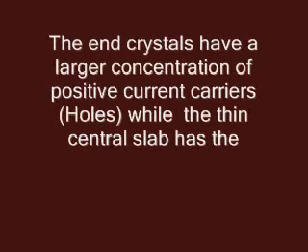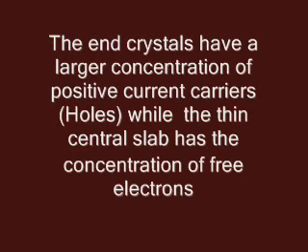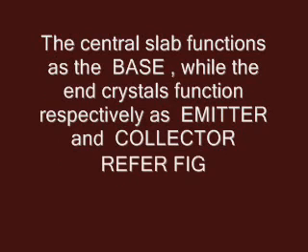The P crystals have a larger concentration of positive current carriers, while the thin central slab has a concentration of free electrons. The central slab functions as the base, while the P crystals function respectively as emitter and collector. Refer figure.